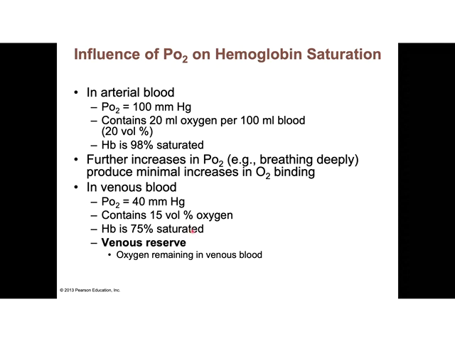So the venous reserve is the oxygen that remains in venous blood even after we've dumped off what we need to the tissues. This is enough to give us 5 minutes without tissue damage if our heart stops. This is our oxygen reserve. Beyond 5 minutes, we use that up, and we have coma and then death.